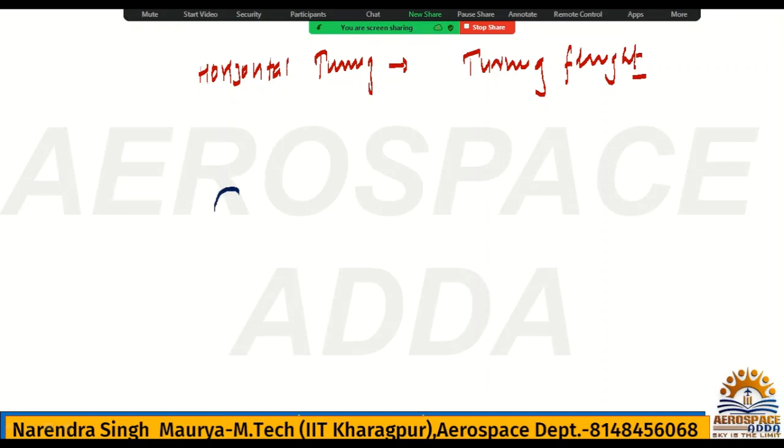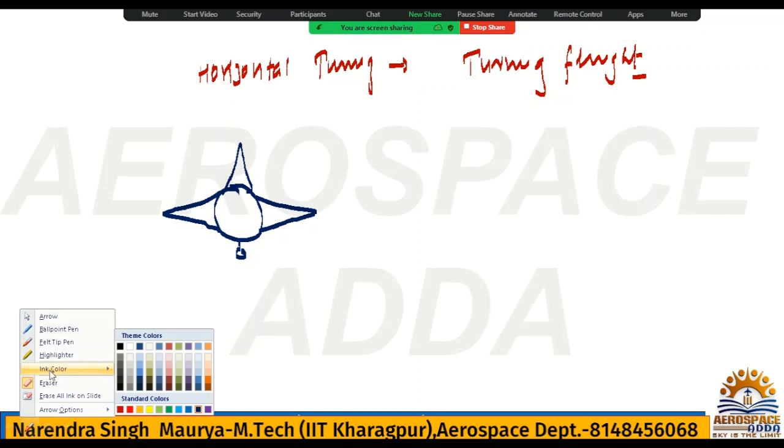Now this is the aircraft. This is the front view of the aircraft. Nose wheel you can say. This is the simple aircraft. It is called front view. Definitely, if it is the front view, I must write here so I can show the forces also.